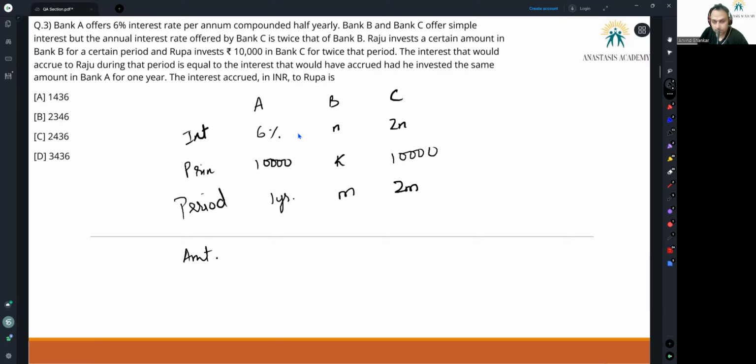In the first case, amount would be 10,000 into 1.03 square, because the compounding is happening half yearly, which is 1.0609 into 10,000, which is 10609. So 609 rupees is interest.